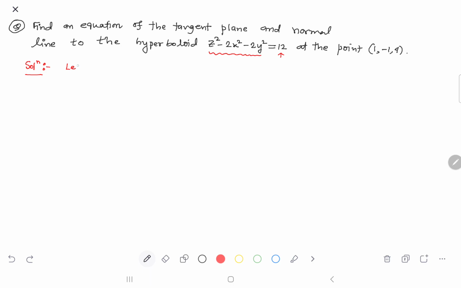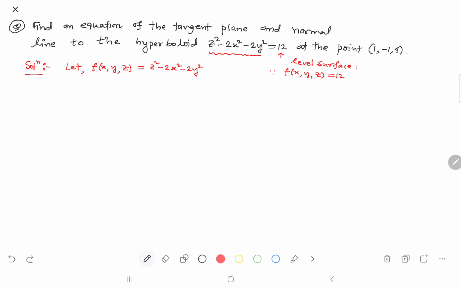So let f of x, y, z be z squared minus 2x squared minus 2y squared. Then we are basically working with the level surface f of x, y, z equals 12, right? This is the level surface, right, Mayan? So we just consider this function.